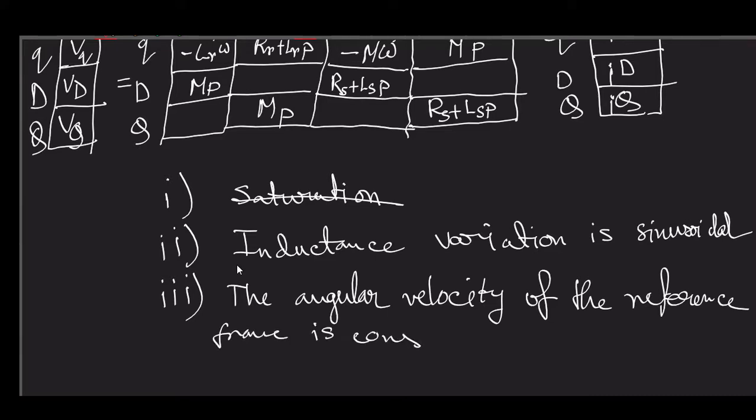So the angular velocity of the reference frame is constant here. I would like to tell you that even if the motor speed varies, this will still be applicable, because unless you fix your rotating frame with your rotor all the time.